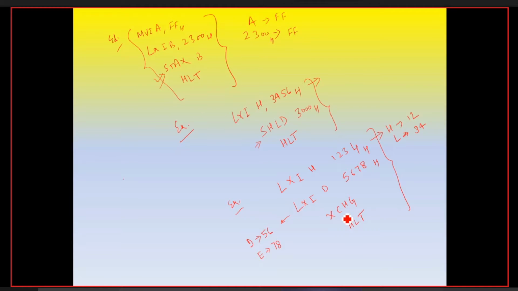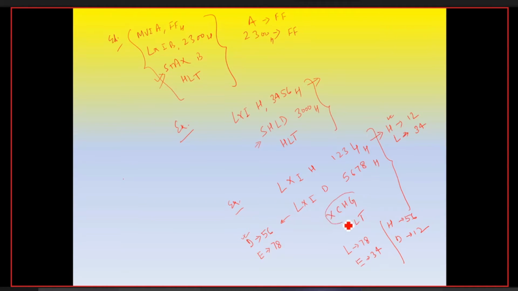Now exchange, and according to this instruction, content of register H will be exchanged with content of register D. तो अभी क्या होगा? H का कंटेंट क्या हो जाएगा? 56. D का कंटेंट 12. Similarly, content of L is 78 and content of E becomes 34.